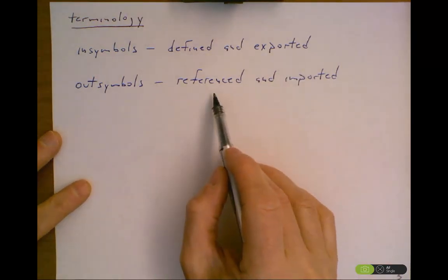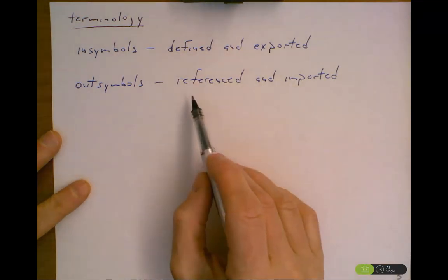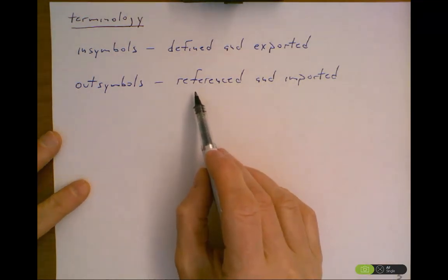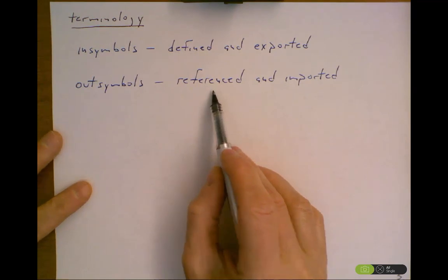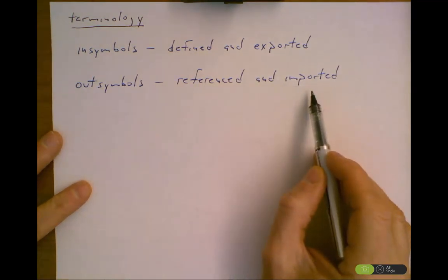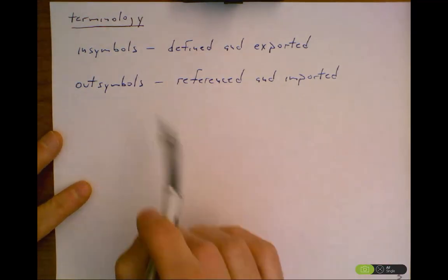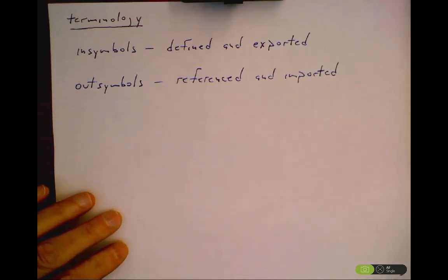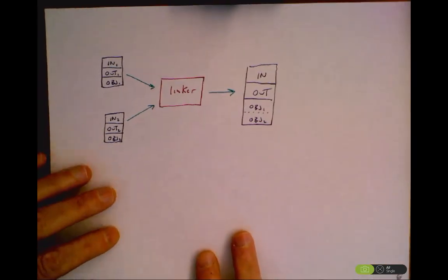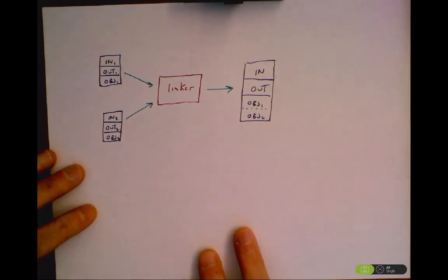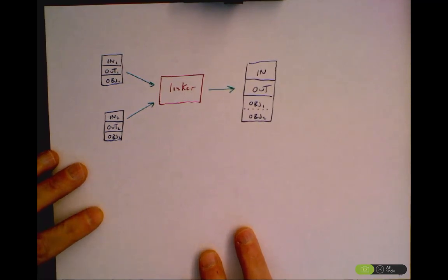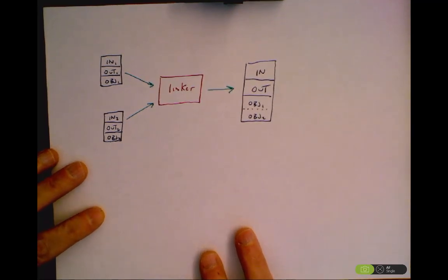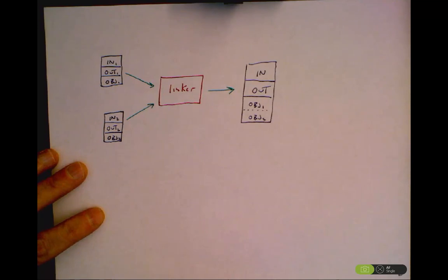They're referenced and they're imported. So when I use printf but don't define it, I'm referencing it and then I'm expecting it to be imported from another file. So I call those out symbols. And we know the VM520 object files have that kind of information in them, as do object files on real systems, by the way.